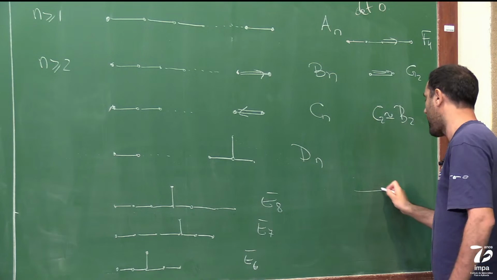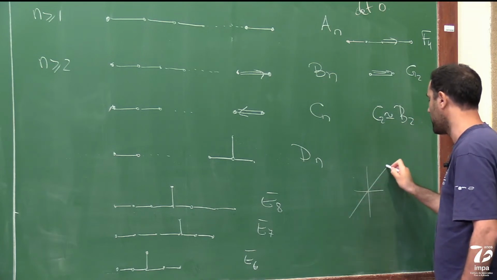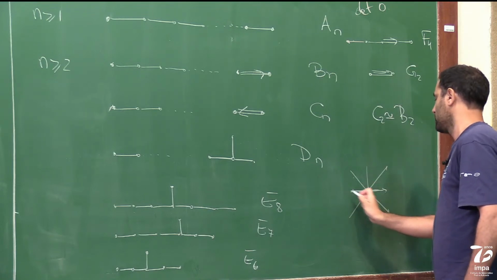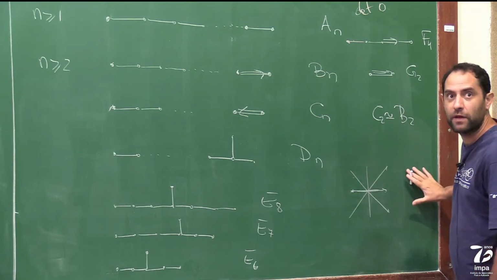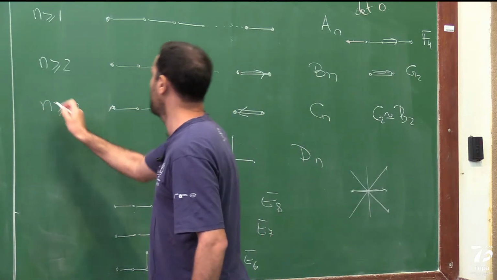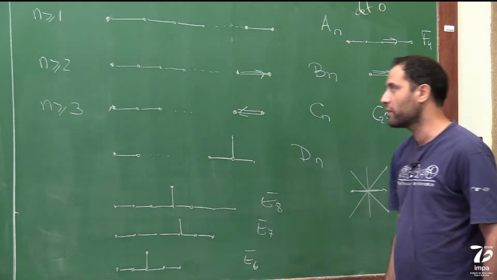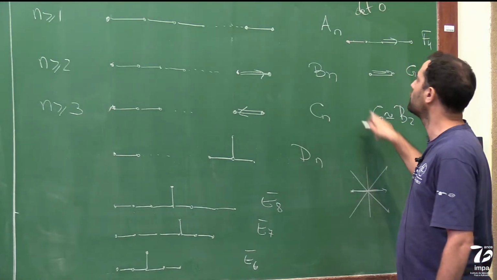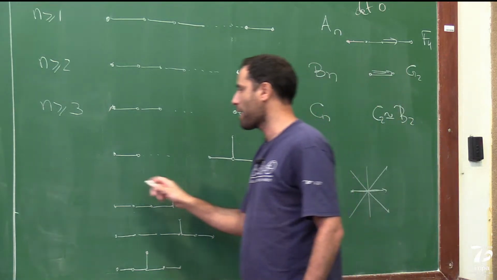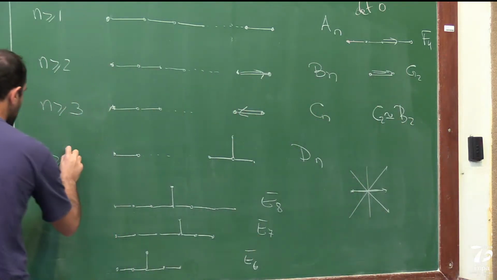These were the two diagrams that were just simply rotated like this. So this is B2, and C2 was the same thing rotated and scaled. So we consider Cn with n bigger or equal than 3. And C2 is just the same thing as B2. And Dn requires at least 4 nodes.